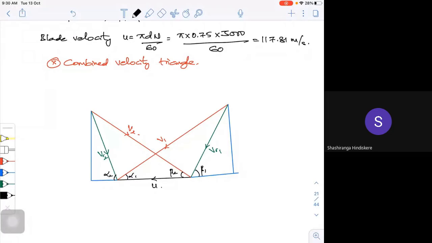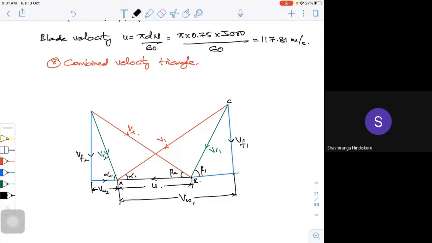This will be VF2, this will be my VW2, then this will be my VW1, and then this will be U, which is common. This will be VF1.